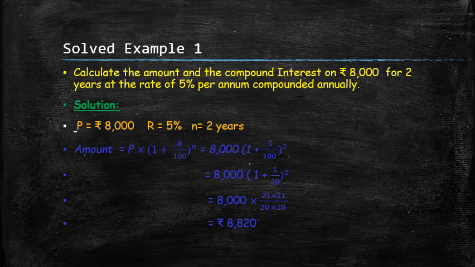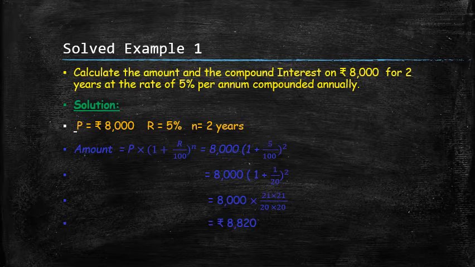We do the calculation inside the bracket by taking the LCM. So the given numbers are changed as 8,000 into 21 into 21 divided by 20 into 20. We can cancel two zeros and then cancelling with 4, afterwards multiplying. The final answer obtained is equal to rupees 8,820.